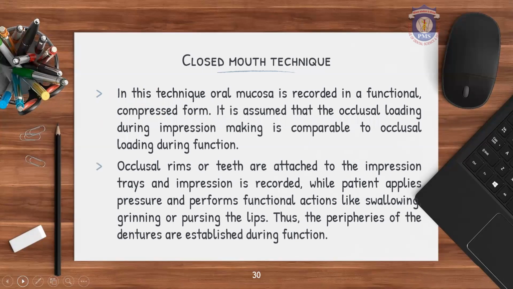The impression is recorded while the patient applies pressure and performs functional actions like swallowing, grinning, and pursing of the lips. So we can do either swallowing, grinning, or pursing of the lips. Thus, the peripheries of the dentures are established during function. So this is a functional method.